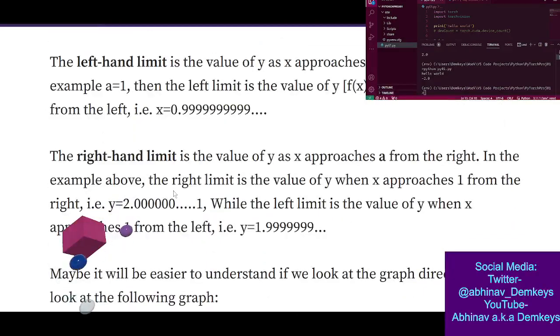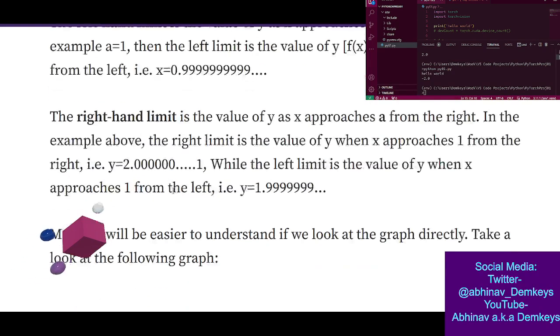The right-hand limit is the value of y as x approaches a from the right. In the example above, the right limit is the value of y when x approaches 1 from the right, i.e. y equals 2 point something something 1, while the left limit is the value of y when x approaches 1 from the left.